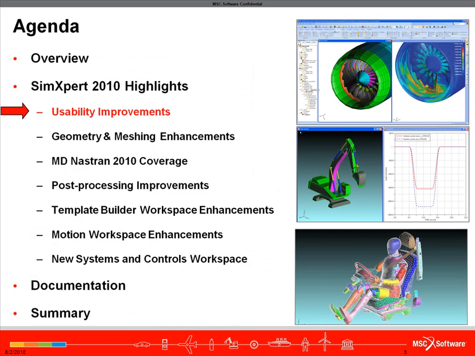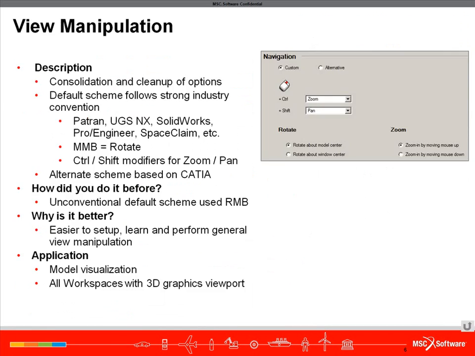So let me now jump into some of the enhancements in the SimXpert 2010 release, starting with usability. We have made quite a few changes in the areas of view manipulations. Our new default scheme is based on the middle mouse button for rotation and follows strong industry conventions.